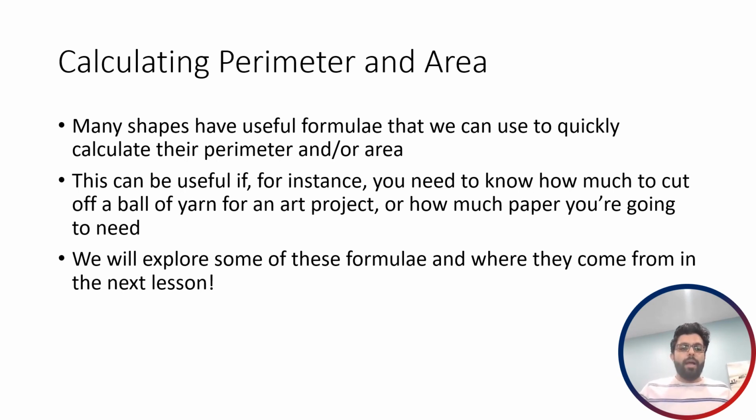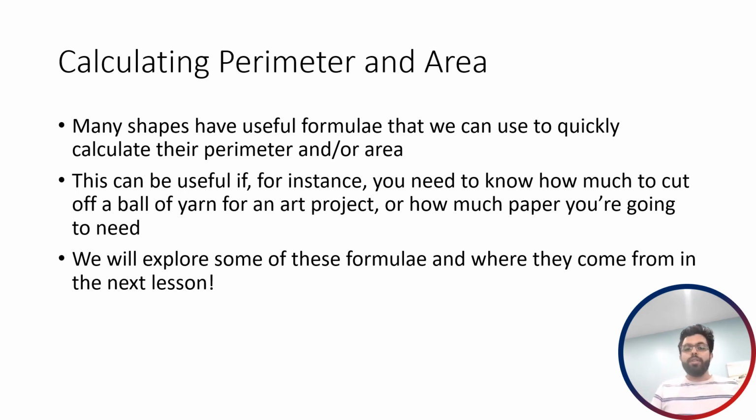So last thing, a lot of the polygons that we've talked about so far have very useful formulae that we can use to figure out the perimeter and area very quickly, instead of having to take a ruler and measure out each side, which you could do, but you don't have to. There are easy ways to figure out the perimeter and area of a lot of the shapes that we've seen so far.